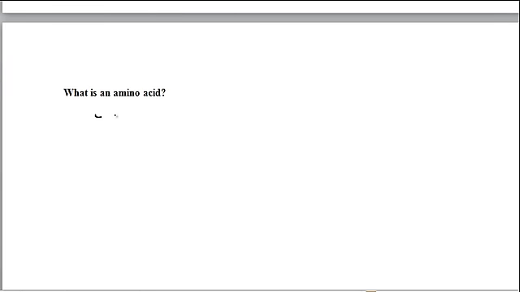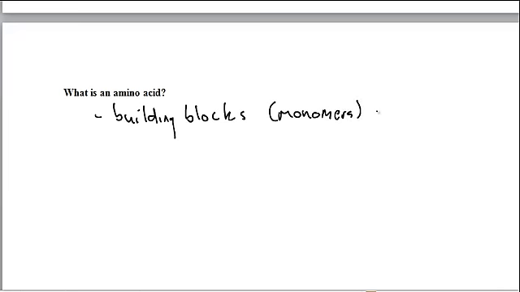So an amino acid is simply the building blocks, or a more official biological term, monomers, of proteins. Of course, proteins then must be the polymer.